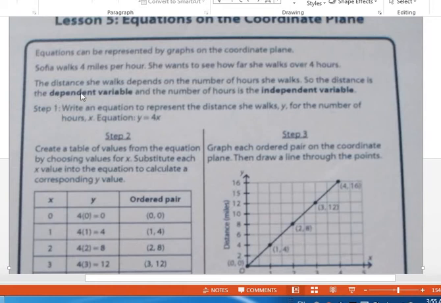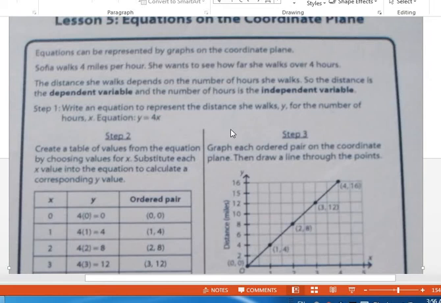So the distance she walks depends on the number of hours she walks. So the distance is the dependent variable, and the number of hours is the independent variable.